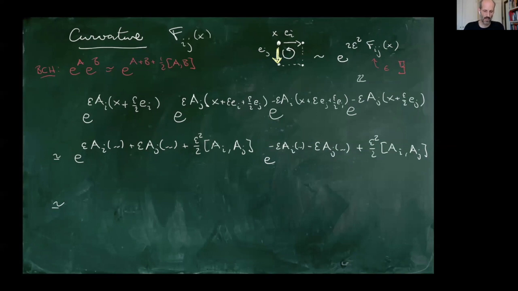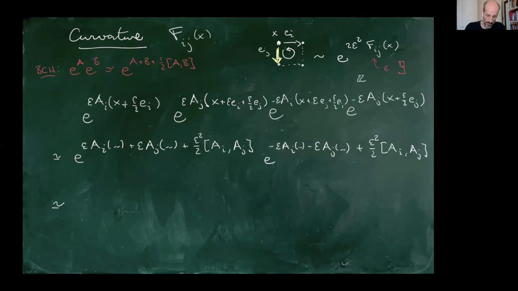But these are, to first order, the same guy. They are both epsilon times A_i plus A_j. Now, of course, they are not quite the same guy because they're not evaluated at the same location. But then that difference would be order epsilon squared, and therefore, by the time you multiply them, would be order epsilon cubed. And so I don't care about it. So here, I really just need to add up the exponents.